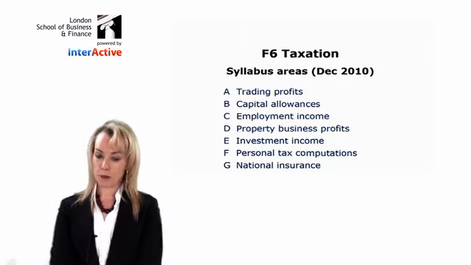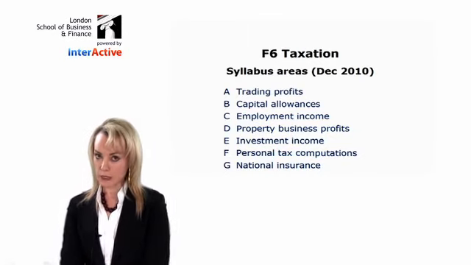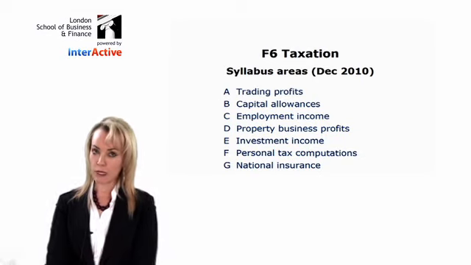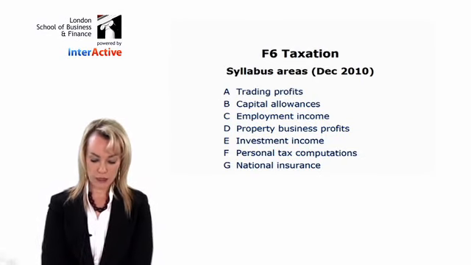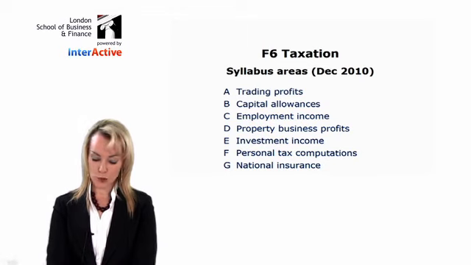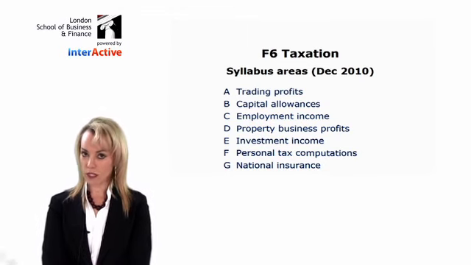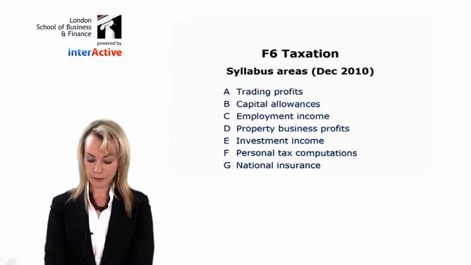So the first part is talking about trading profits and capital allowances and employment income and property business profits and investment income, and this is leading up to something called the personal tax computation, which will enable you to work out one of the taxes which you need to learn about, which is called income tax.